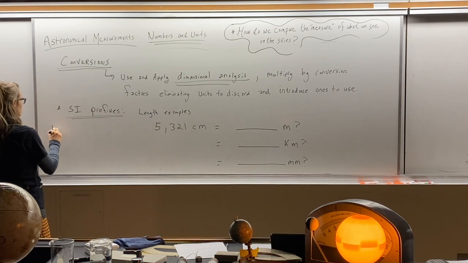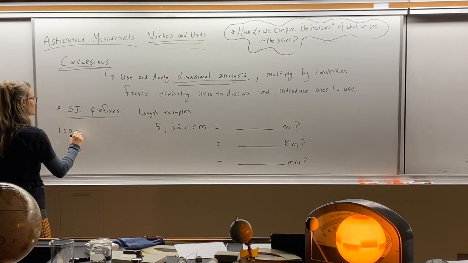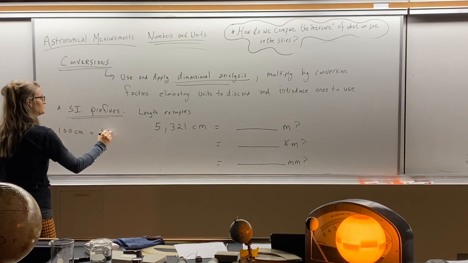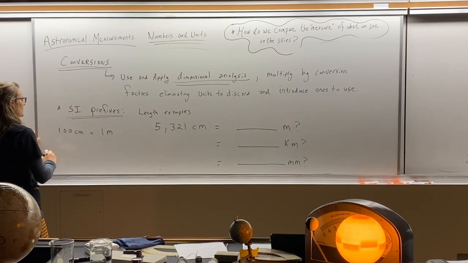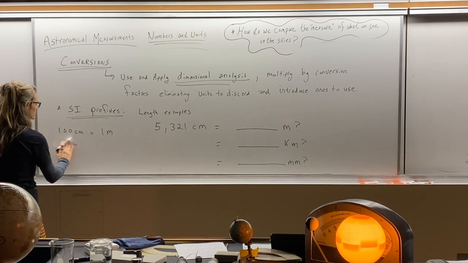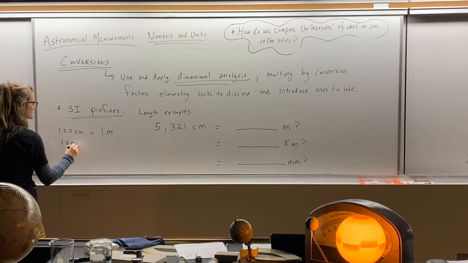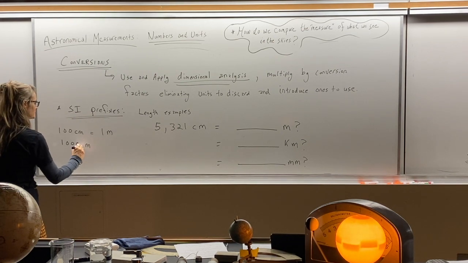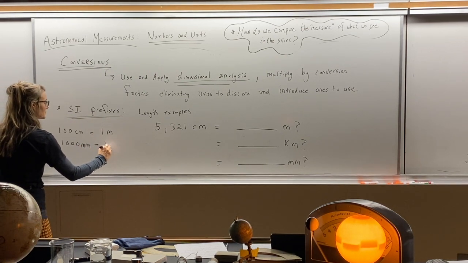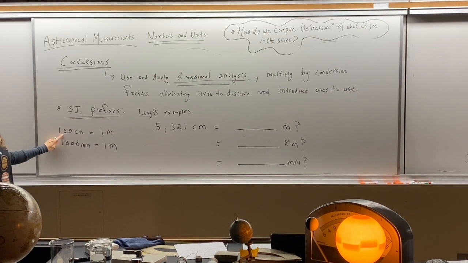I'm going to go this way, because my brain works better with this conversion. 100 centimeters is equal to 1 meter. And 1,000 millimeters is equal to 1 meter, so if I divide a centimeter further into 10 units, I get the millimeter.